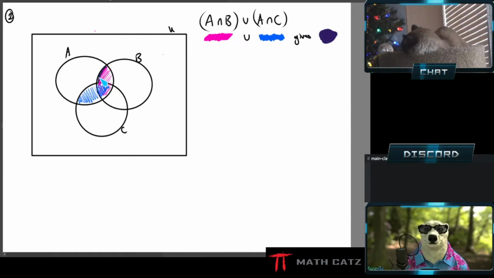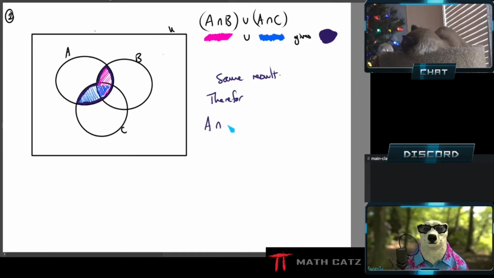Get the same result, because it said combine it with a union. Happens to be the same. See here? Same result. And therefore, why am I still purple? I don't know. Therefore, it's equal.